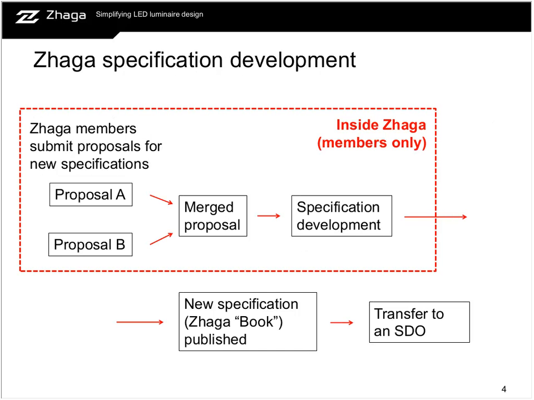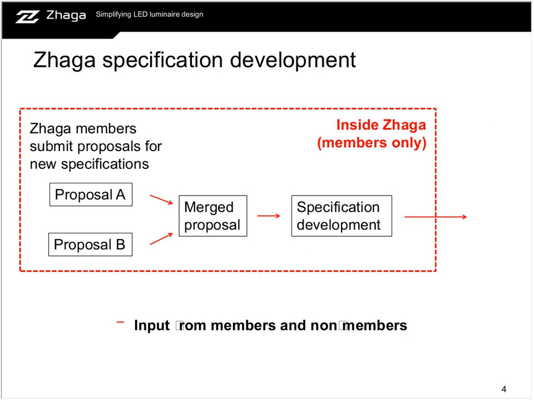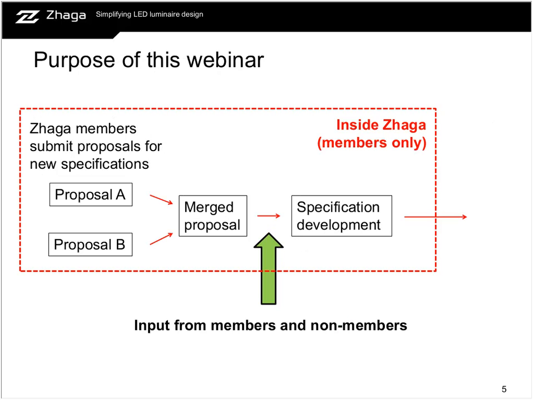What we're doing in the webinar today, which is a unique step as far as Zhaga is concerned, is that we're making the information public about the proposal so that we can get input both from members and from non-members to make sure that the specification is heading in the right direction.